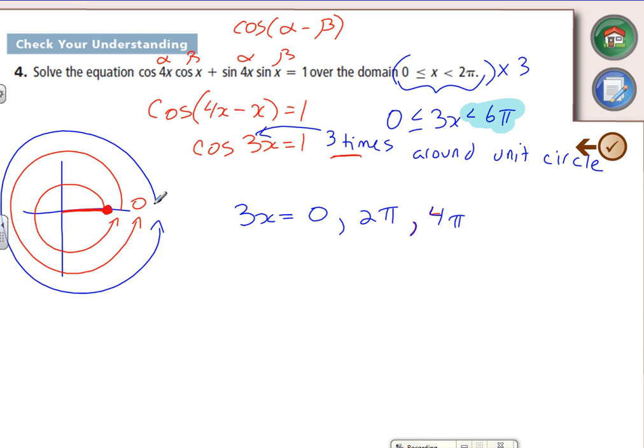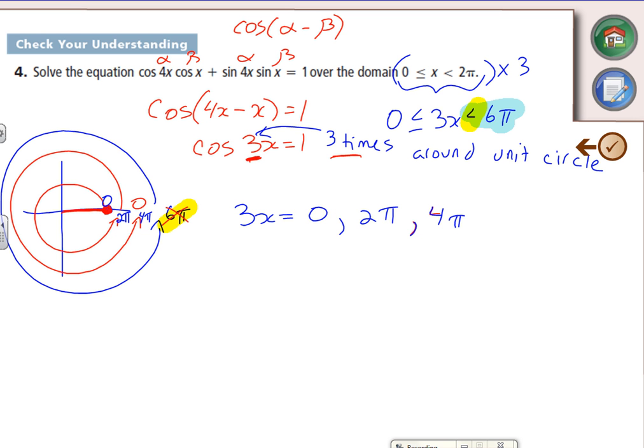But uh-oh, I don't get to use the 6 pi. 0 and 2 pi on the first rotation, 4 pi on the second rotation, 6 pi on the 3rd rotation, but no go on that. We're stopped here. But this is at 3x.